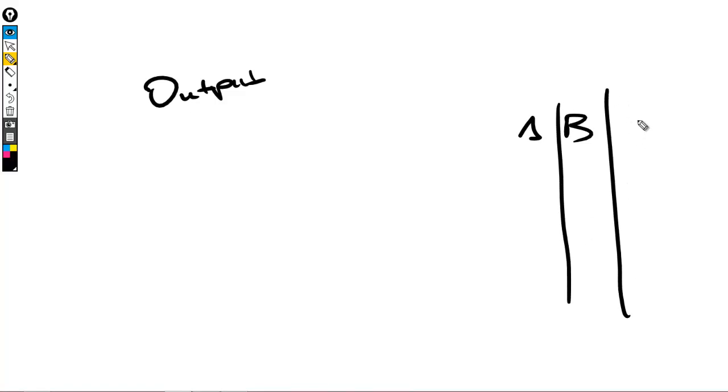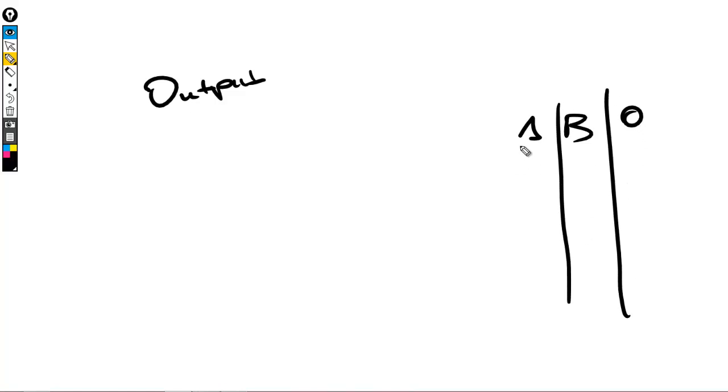Now more advanced circuitry uses different kinds of logic equations or tables. Let's make a truth table first. A, B, let's make this an AND gate.